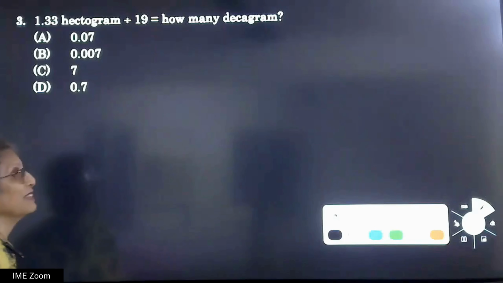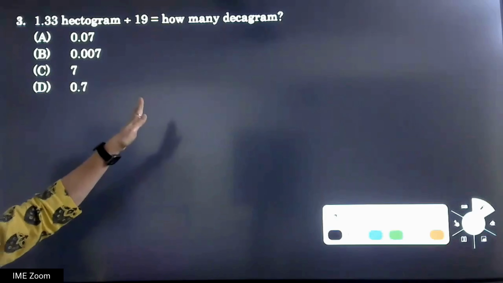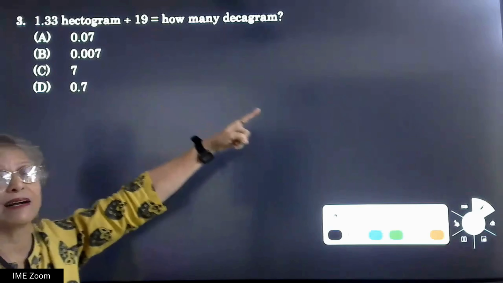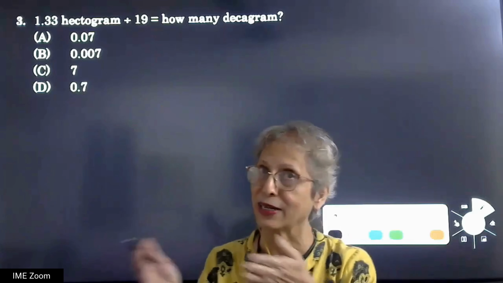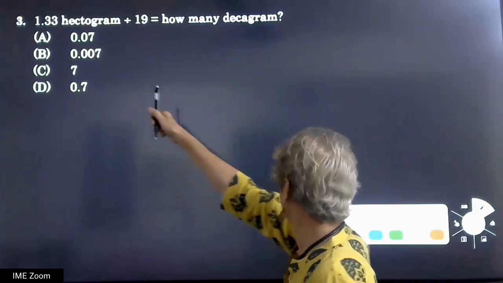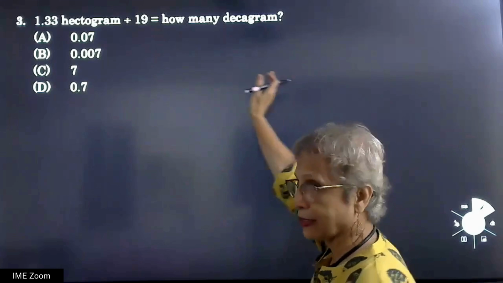Okay, now here it is division. What is given? 1.33 hectogram is given. And divided by 19, how many decagrams we want? Given question is in one unit, required answer is in another unit. So we have to convert hectogram into decagram.